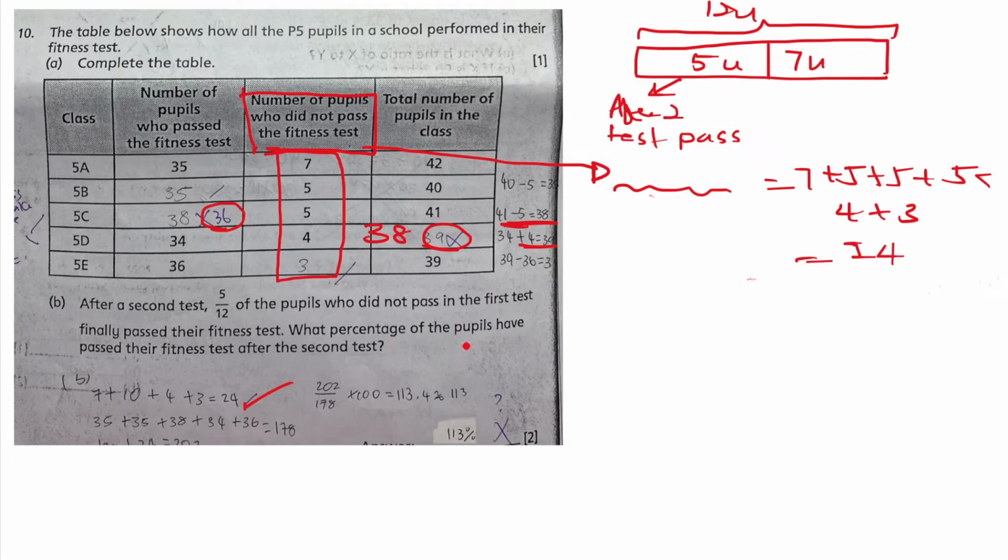So what is the percentage of students who have passed their fitness test after the second test? So now you know that in total I have 24 students. So after the second test, I have 5 over 12 times 24, which will be 10 students.